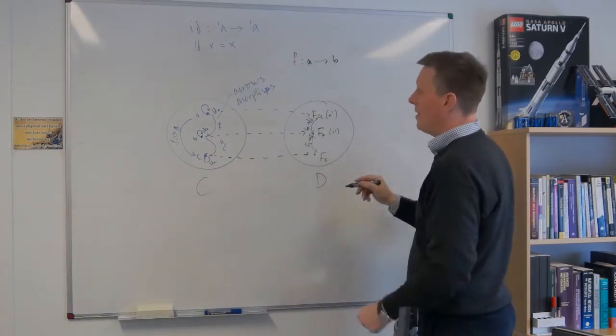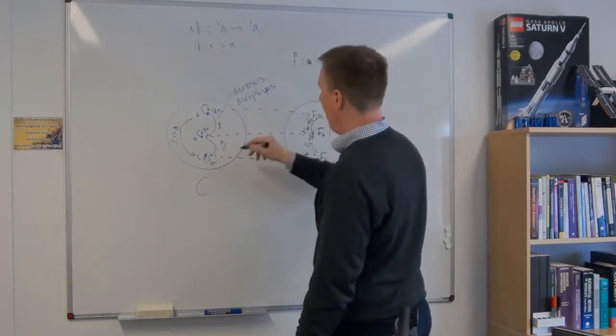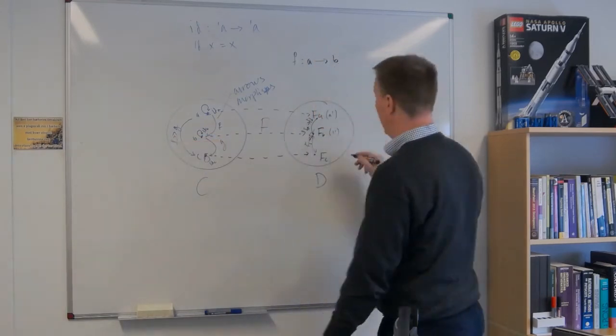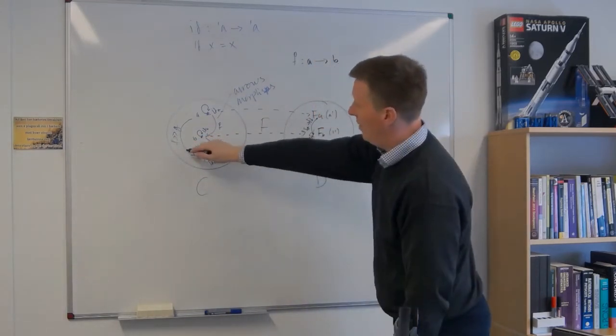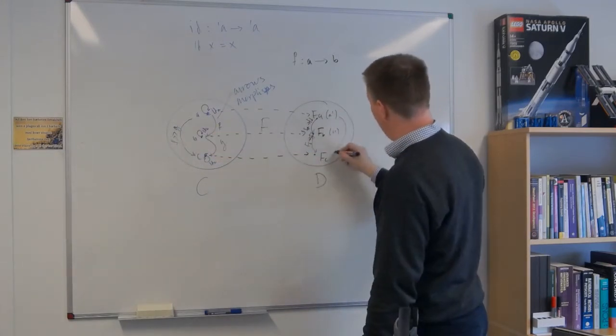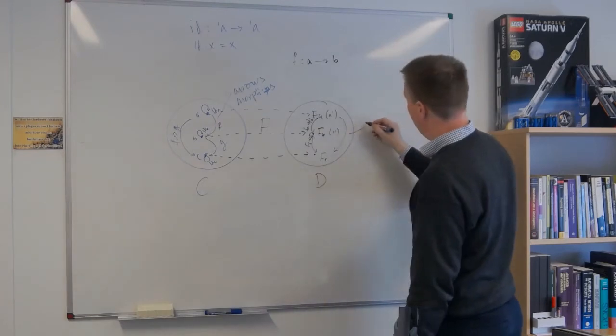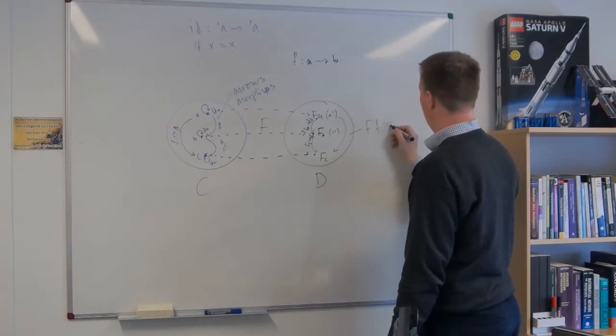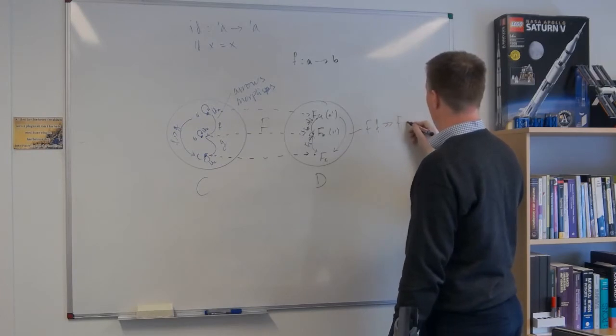And if I apply this capital F in between, so if I apply it to that thing there, that means that if I had the composition of f with g, I need to have the same thing here as F of f with F of g.